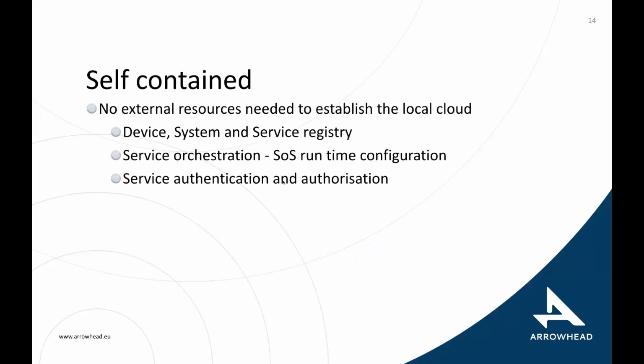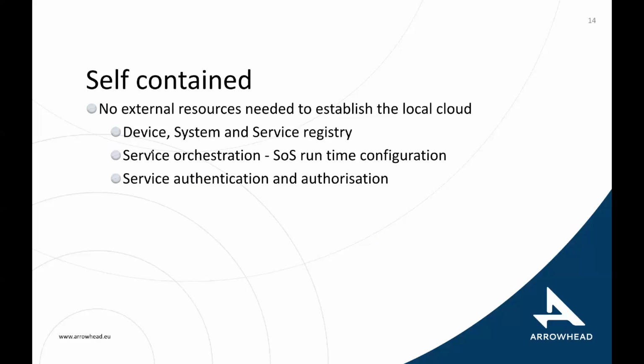So important with these local clouds, they are self-contained, and we need some few resources to establish this local cloud. We need this service registry, and for extended security, we want to know which are the various software systems that reside in that local cloud, and we want to know which are the hardwares that's actually in that local cloud.